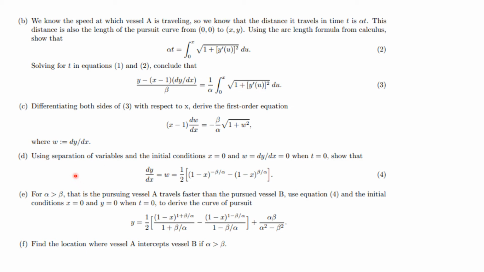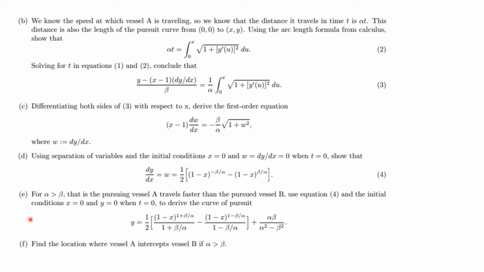Then part D, using separation of variables and the initial condition x equals 0 and w equal dy/dx equals 0 when t is equal to 0, show that the solution dy/dx, which is equal to w, is 1/2, the whole of (1 minus x) to the minus beta over alpha, minus the whole of (1 minus x) to the beta over alpha.